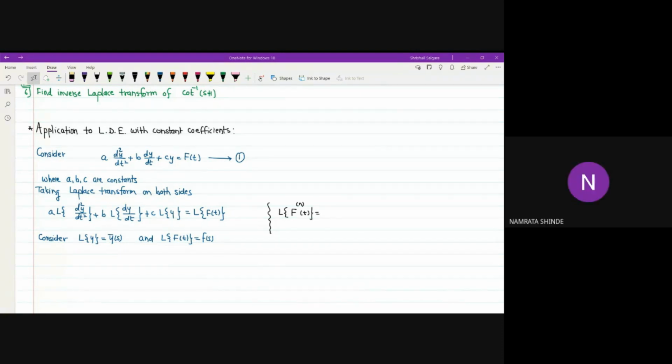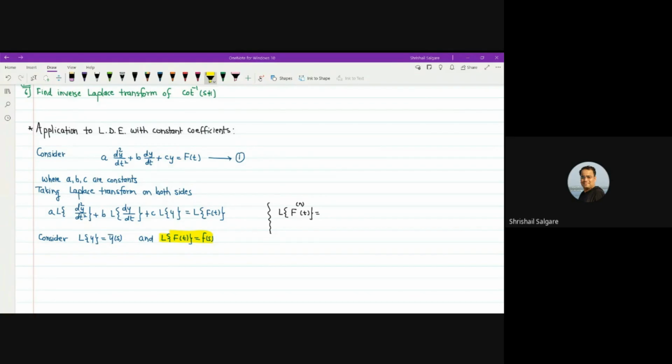These are the notations, okay? For this notation, I am assuming that Laplace transform of f of t is equal to f of s. So, the nth order derivative of Laplace transform, you refer to that result.